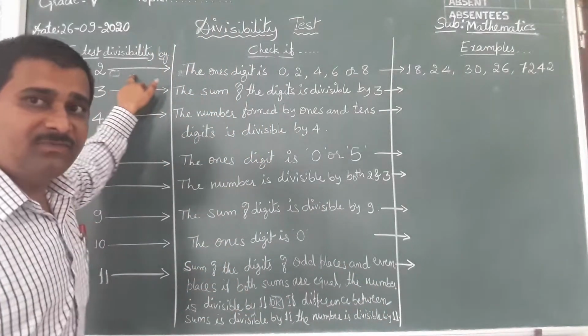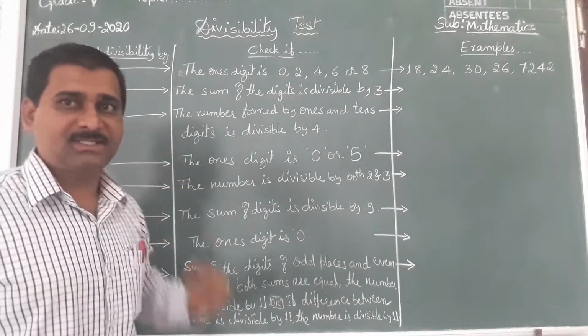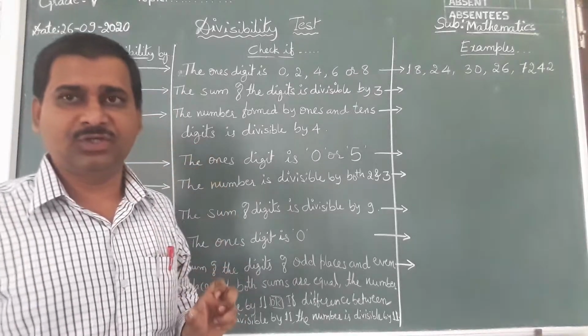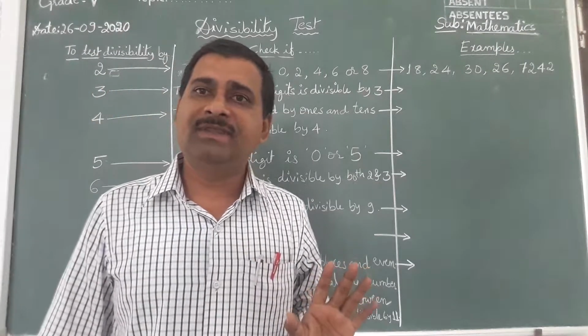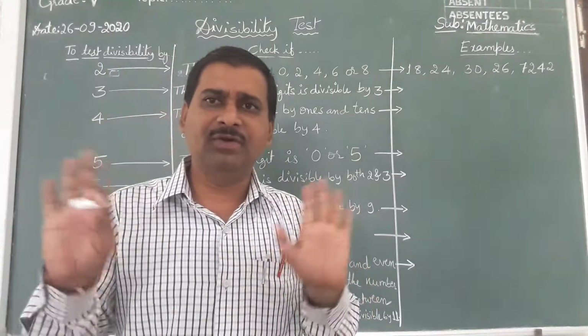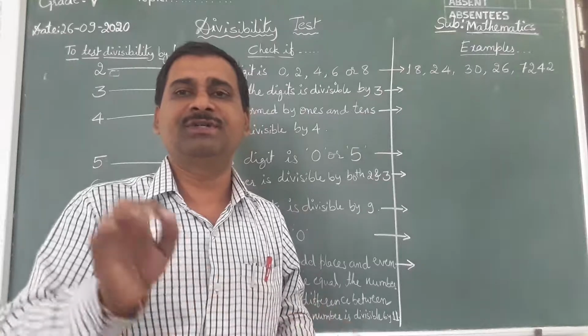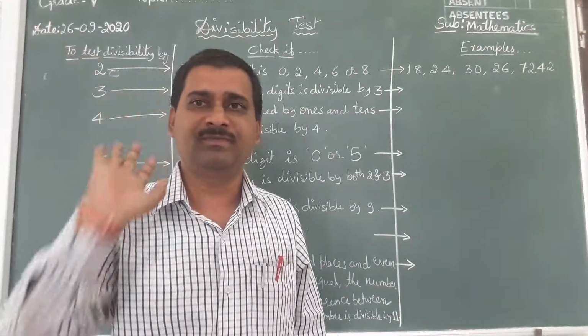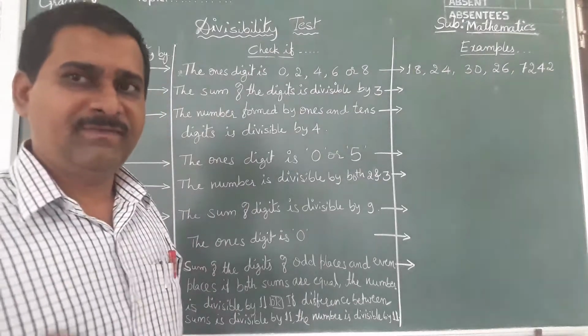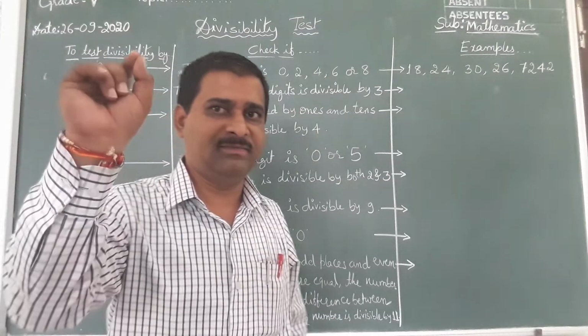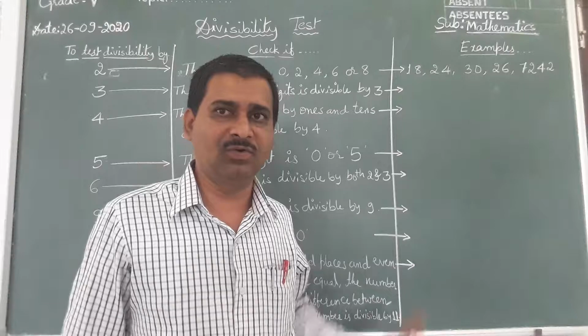See, divisibility of 2, how will you test? A number is given to you, or a set of numbers. Without doing division, you should say that it is divisible by 2. That is possible if you know the rule.